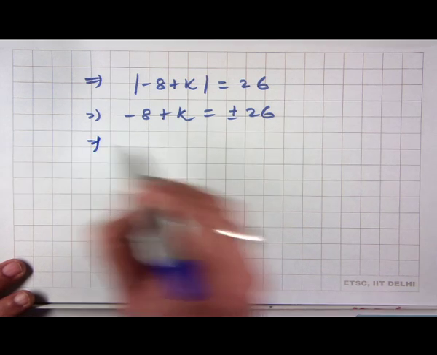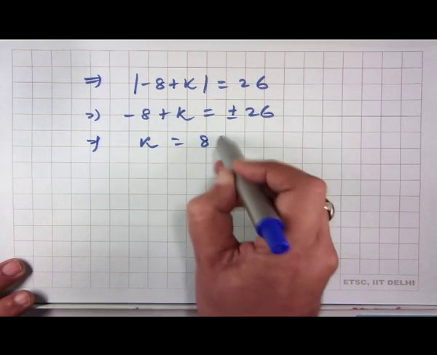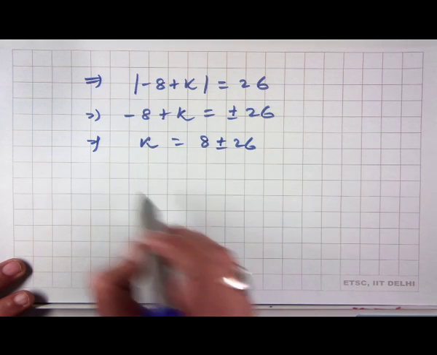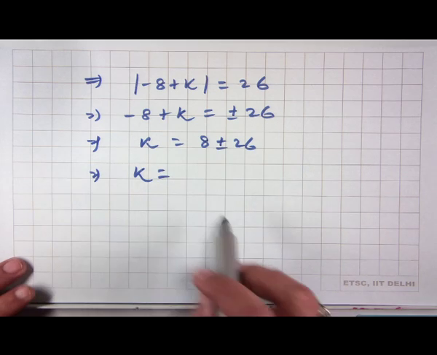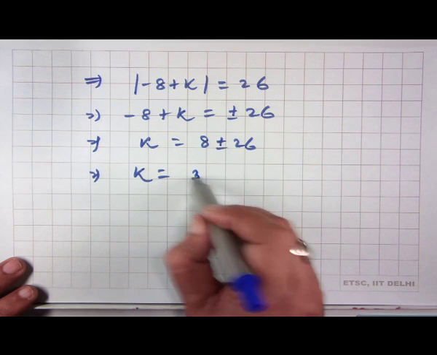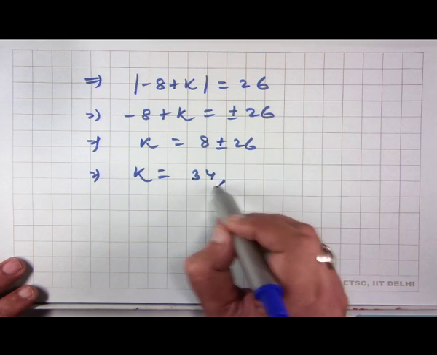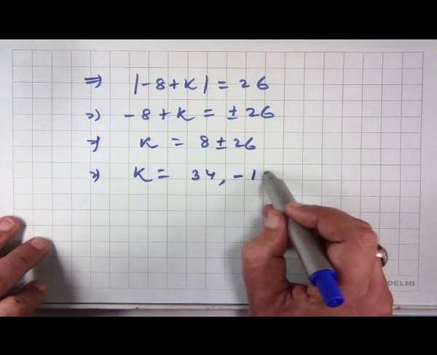So this implies k is equal to 8 ± 26. So k is equal to 34 and −18.